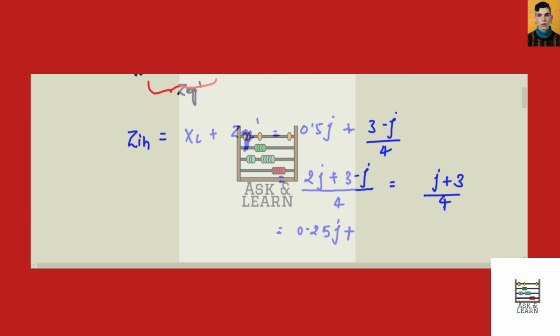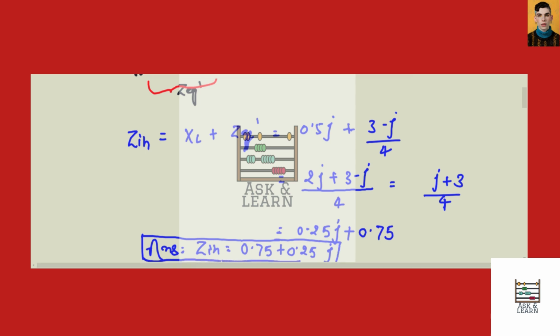So the final answer is ZIN equal to 0.75 plus 0.25j, right? This is our final answer. And now move towards the next part of this problem, that is the B part.